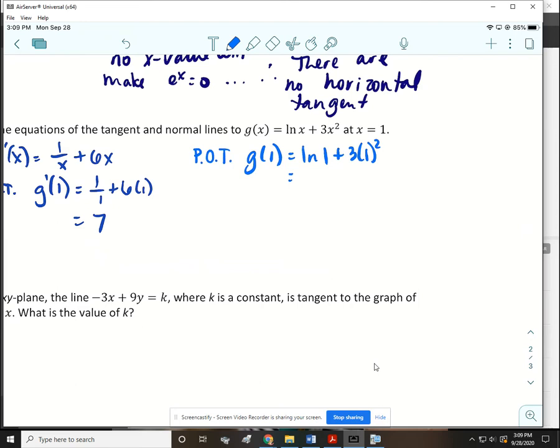So natural log is log base e. So you're figuring out e to what power gives you 1? Well, e to the 0 power is 1. So that's 0 plus 3, which is going to be 3. So that means that our point of tangency is the point 1, 3.